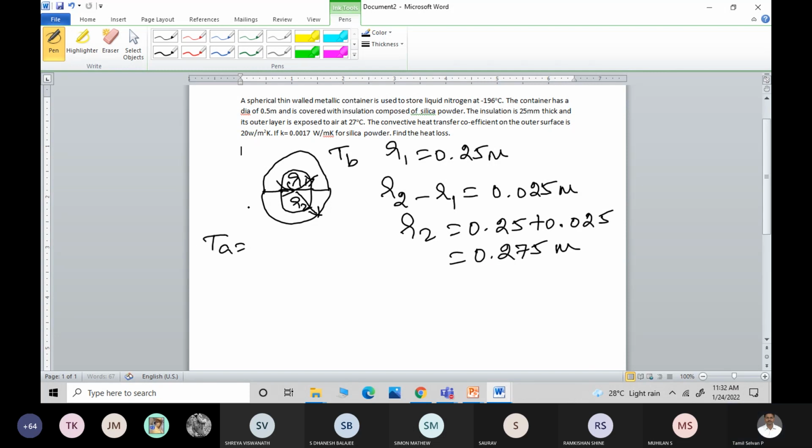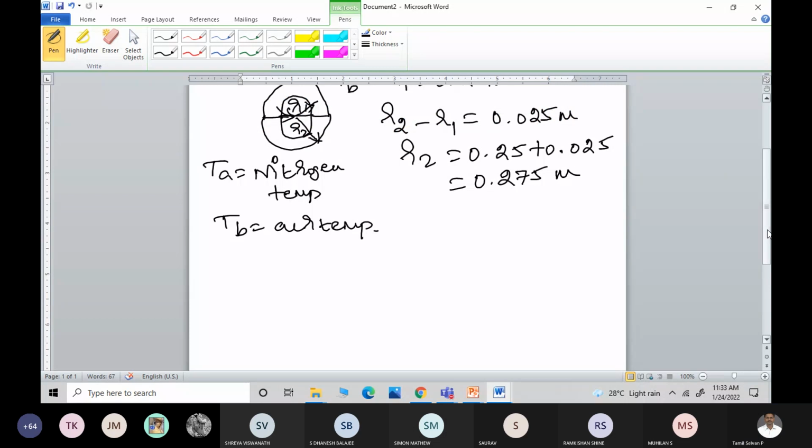TA is nitrogen temperature and TB is air temperature. What about air and nitrogen temperature, ma? Minus 196 and 27. Am I correct? Yes, sir.